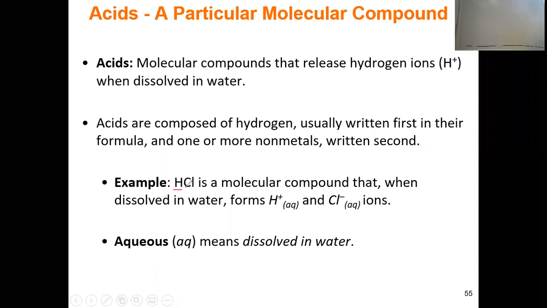Okay, and then the second half of whatever is left over, that will be your anion. All right. An acid has to be aqueous, which means it's going to dissolve in water. Something cannot be considered acidic if it does not dissolve in water.